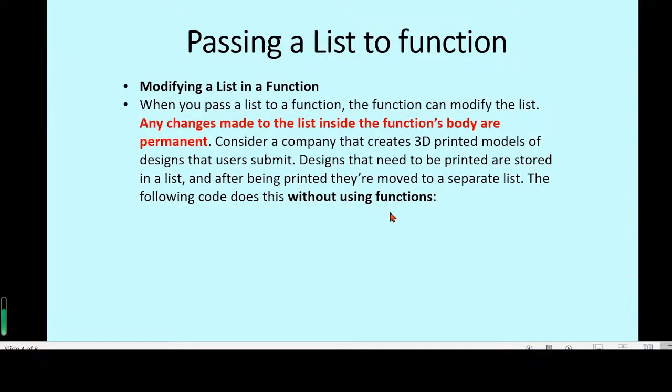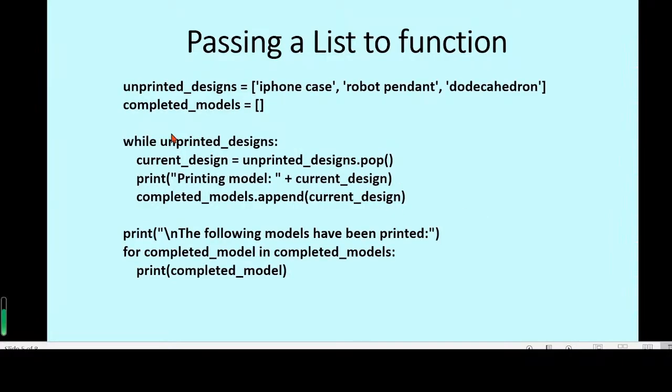So if we do not use a function, we will use the following code. We create a list called unprinted designs with 3 elements, then create completed models as an empty list first. Then we write a while loop.